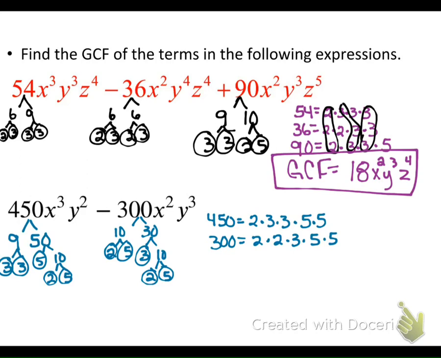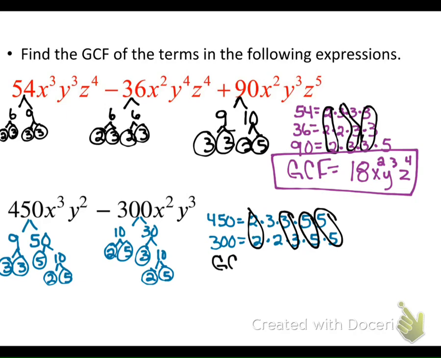And what do they have in common? Jaden? The 5. Okay, we have 5 in common. What else? Another 5. What else? Another 3. Anything else? All right.